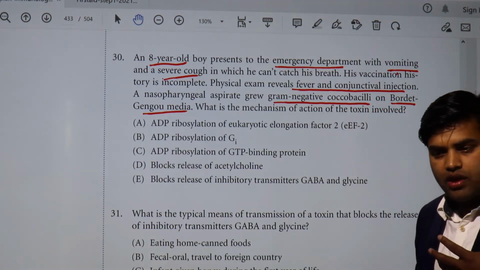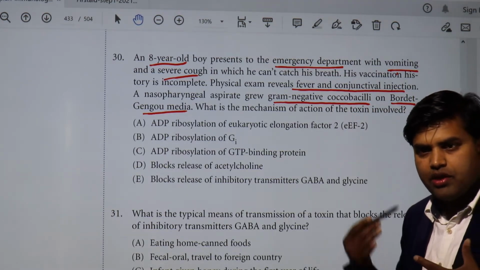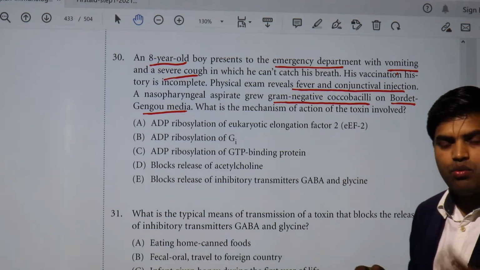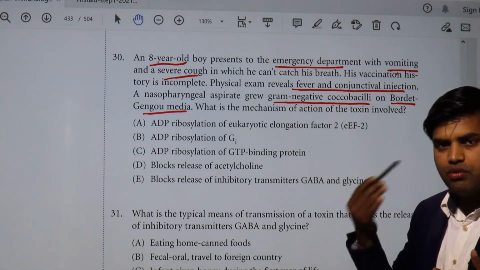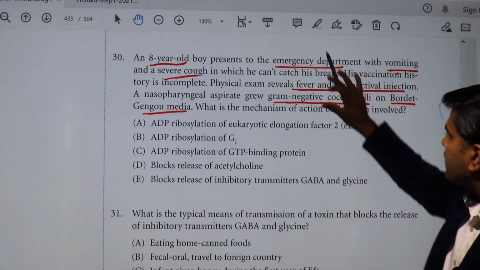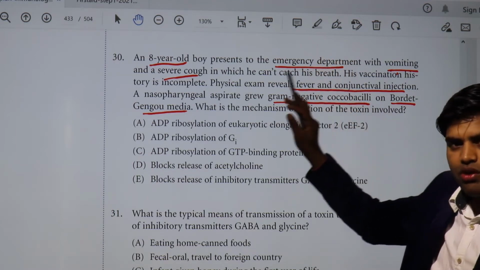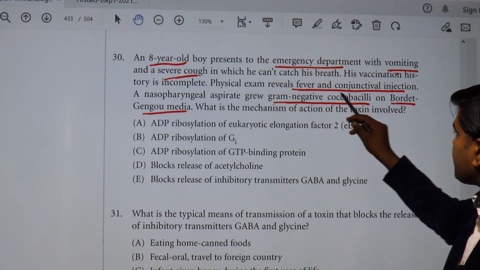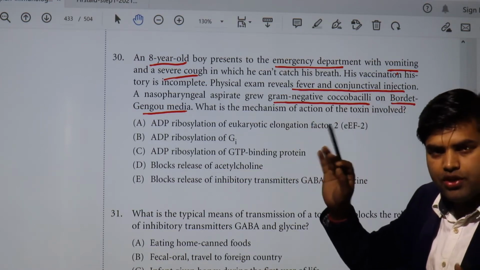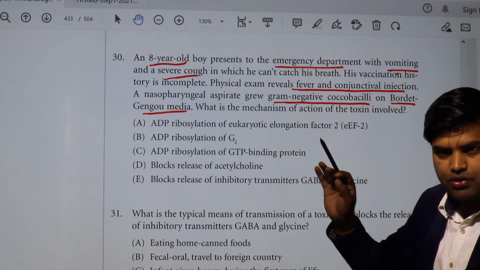When there is continuous cough, there will be conjunctival injection because of the pressure effect. This is the case of Bordetella pertussis. By this alone you cannot reach it, although the severe cough will help us, as well as fever and conjunctival injection with incomplete vaccine history will lead you to pertussis infection.